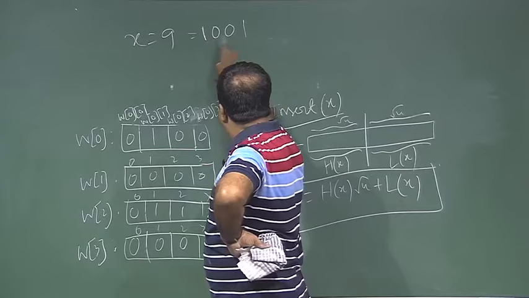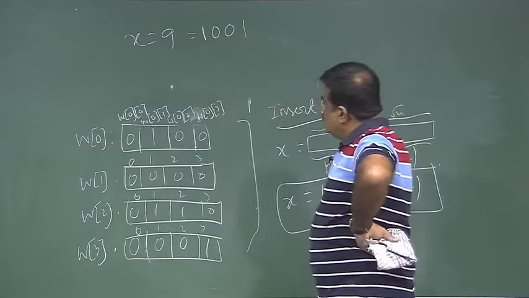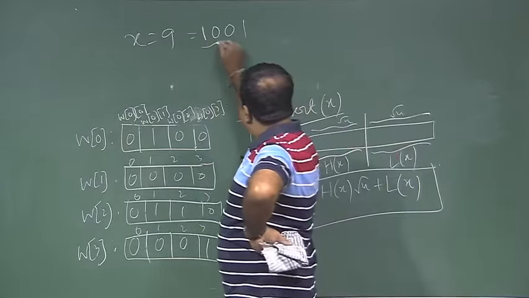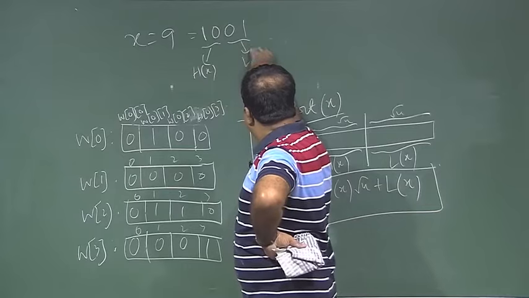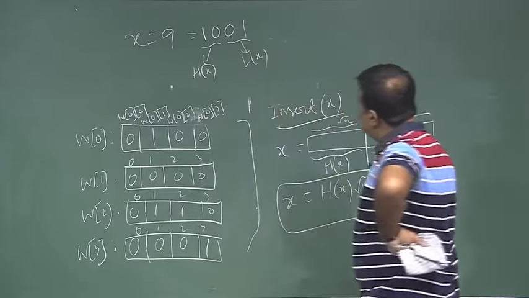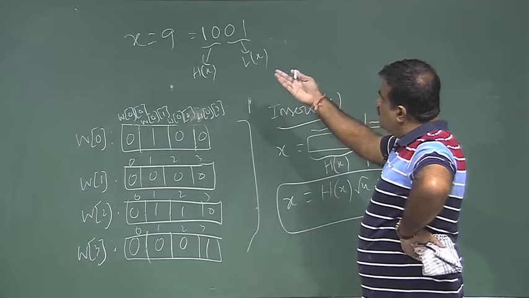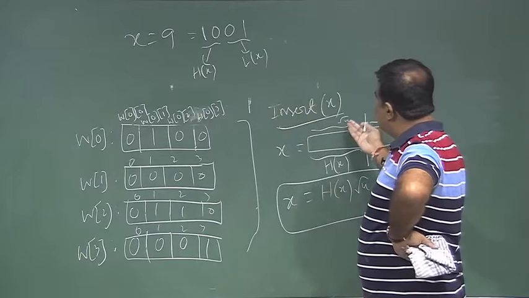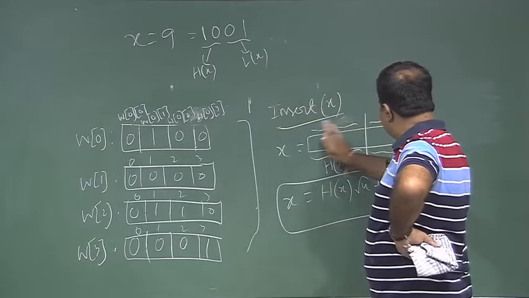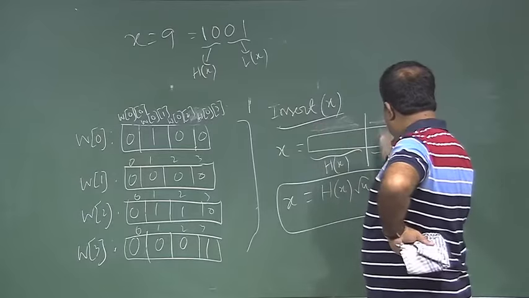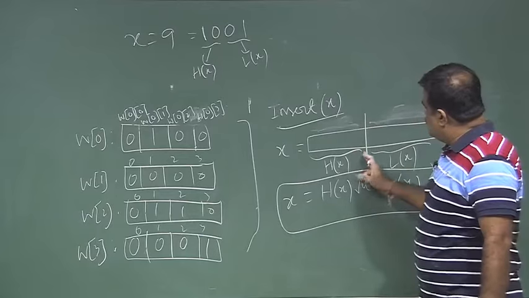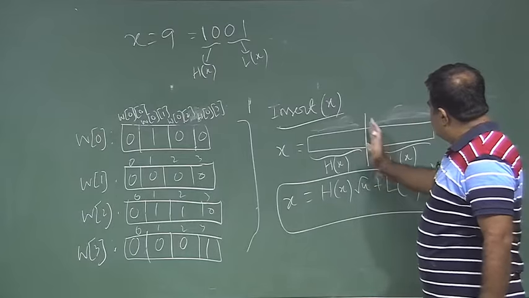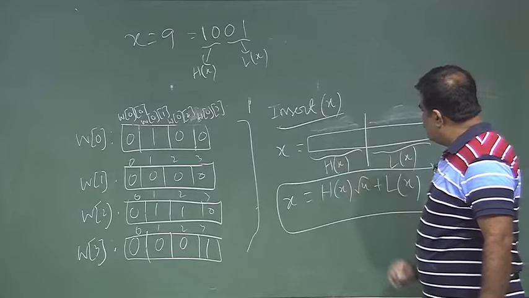So, this is 8 plus 1, 9. Now, this is basically our high of x and this is basically our low of x. The upper half is called high of x, the lower half is called low of x.